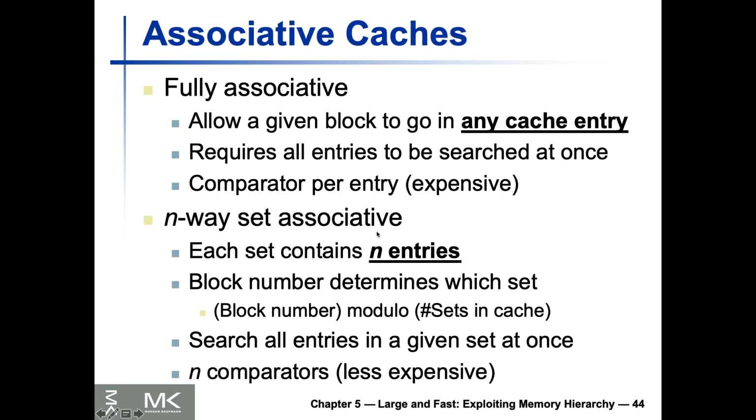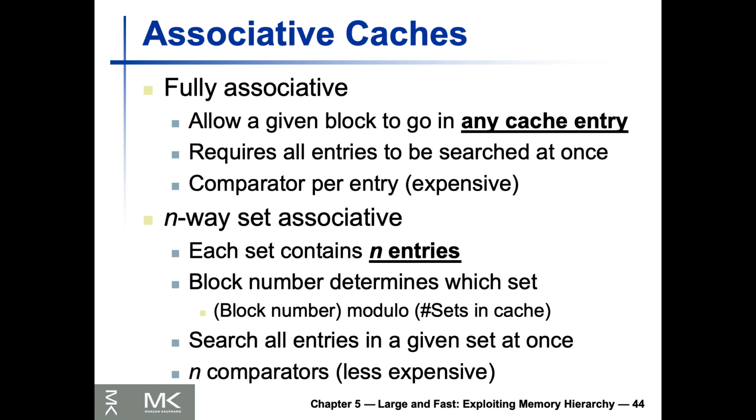Somewhere in the middle of these two, they have defined n-way set associative. We can define some sets using a simple formula, and we only allow the blocks to be placed in those n entries. That's where the n comes from. So it could be 2, 4, 8, 16, or other numbers, right?